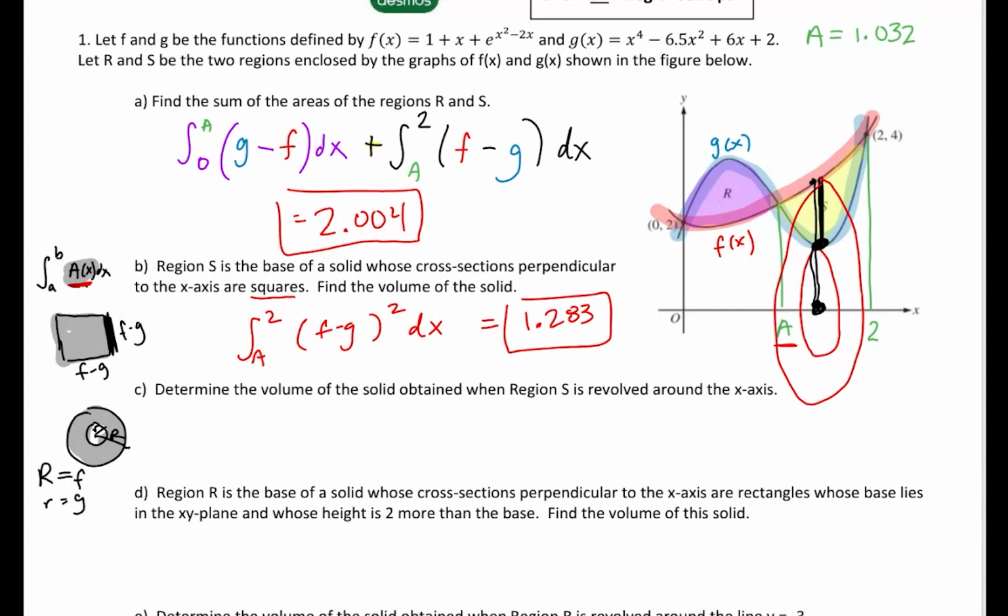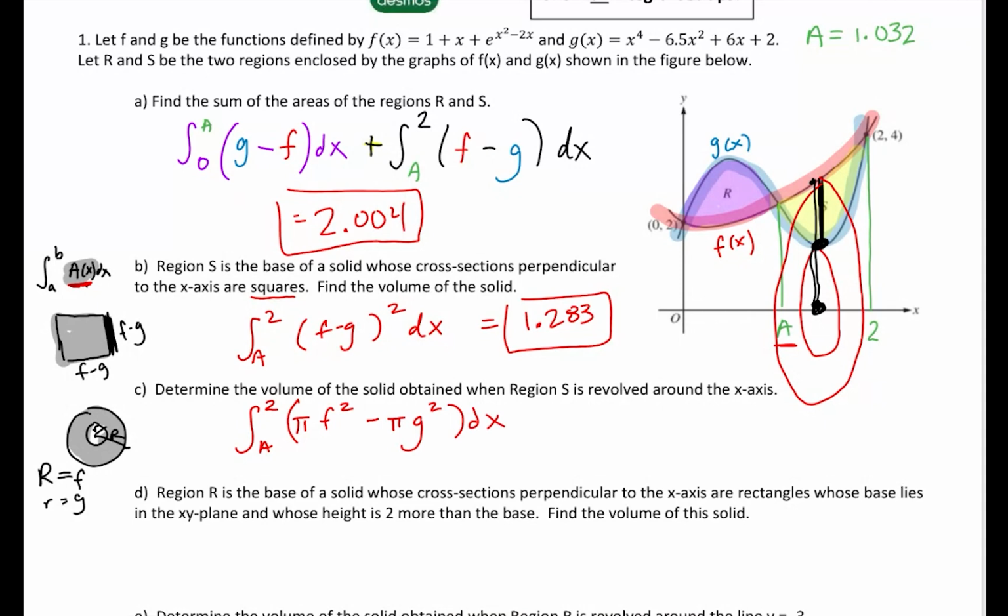So pi R squared minus pi r squared is going to give us our integral. The integral from still a to 2, because we're still using region S, of pi times big R, which would be f squared, minus pi times the little r, which in this case would be g squared.